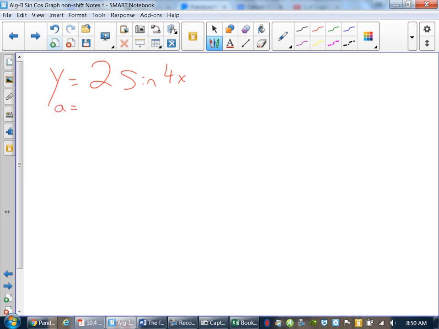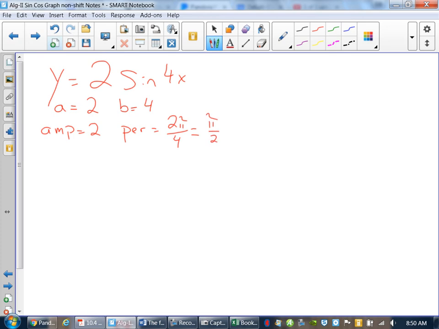So we have an A value of 2, a B value of 4, which means my amplitude is 2, and my period is going to be 2 pi over 4, otherwise known as pi over 2. Very good.